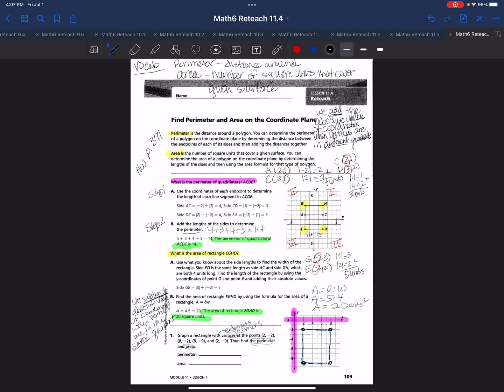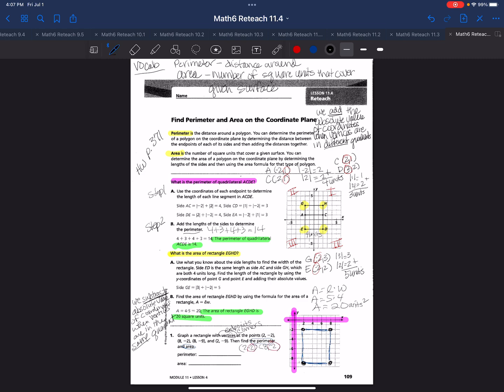All right, so let's look at the first one. The first point I have is 2 and -2. And then I have 8 and -2. So if we can see here, they have the same y values.